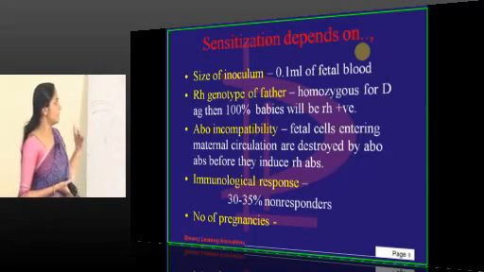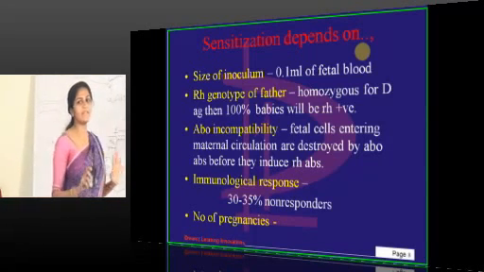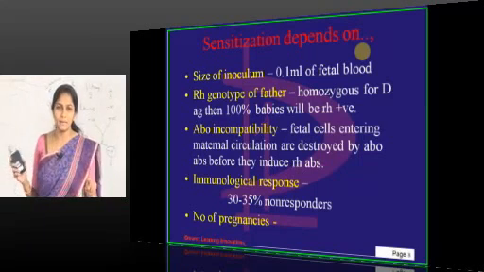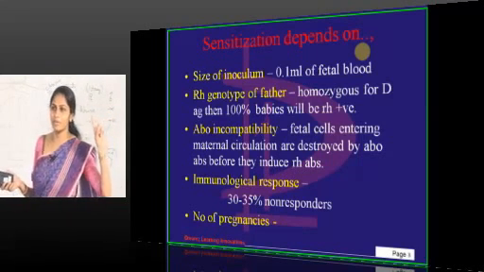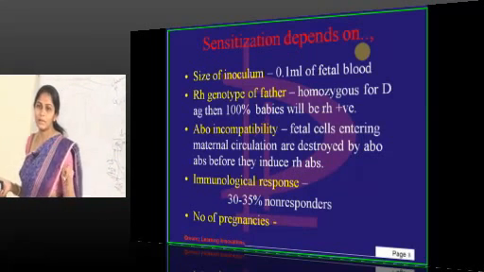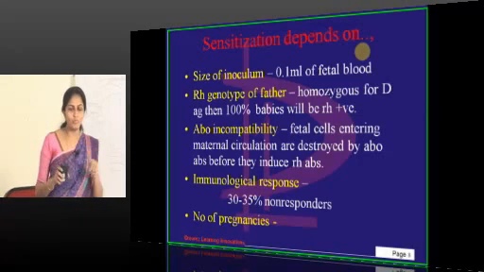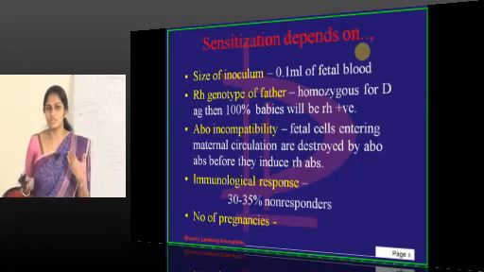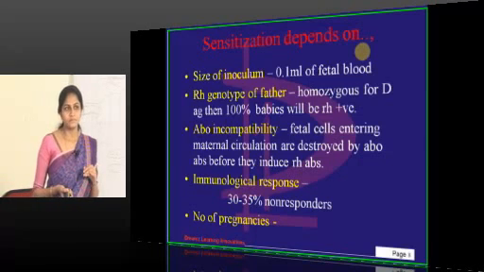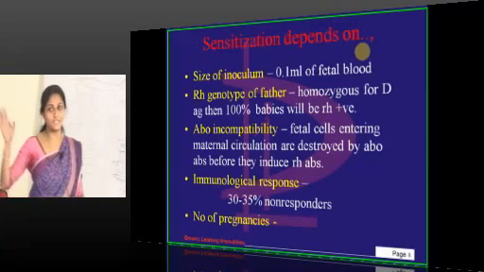So ABO incompatibility. Now tell me, the baby is having ABO incompatibility at the same time. Don't look at the slide, look at my face. So the baby is having both ABO incompatibility and Rh. If both Rh and ABO are present, is Rh more severe or less? How many of you say less severe?